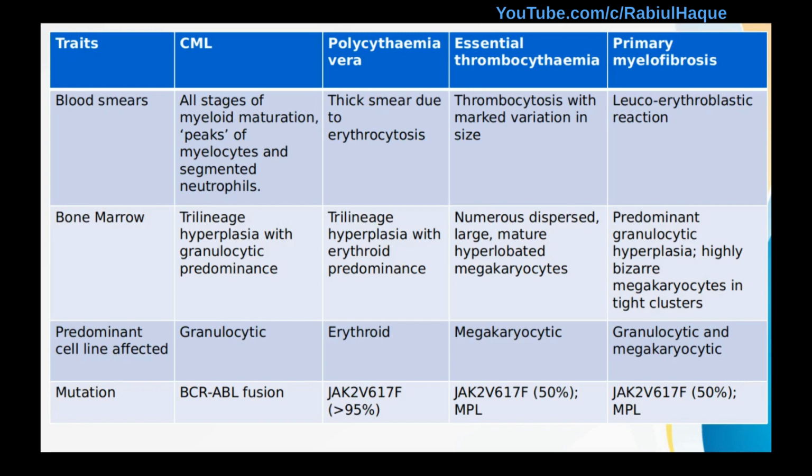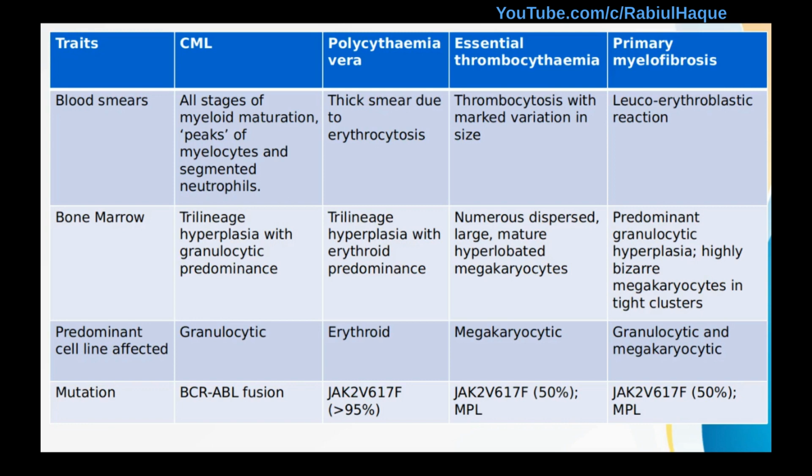In case of essential thrombocythemia, bone marrow finding will show numerous dispersed, large, and mature hyperlobated megakaryocytes, and in primary myelofibrosis, there will be predominantly granulocytic hyperplasia and highly bizarre megakaryocytes in tight clusters.